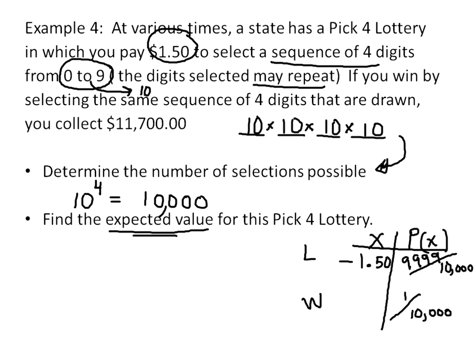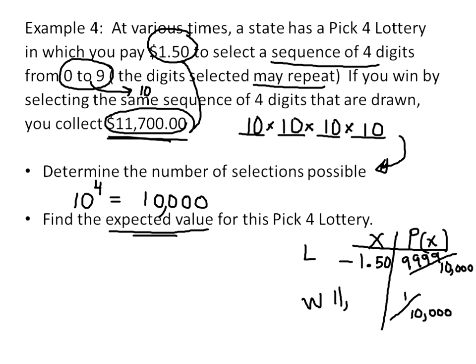So you have to consider what happens when you lose, and then what happens when you win. When you win, you have to make sure you subtract how much you paid to play the game. So it's always going to be the winning minus how much you paid to play the game. The winning is 11,700, but you need to subtract how much was paid to play the game.